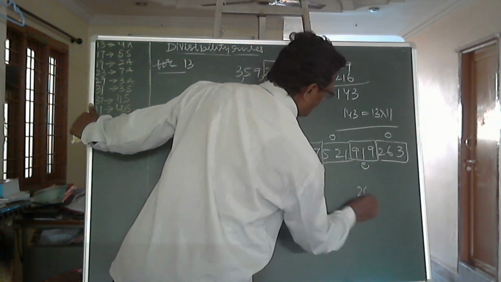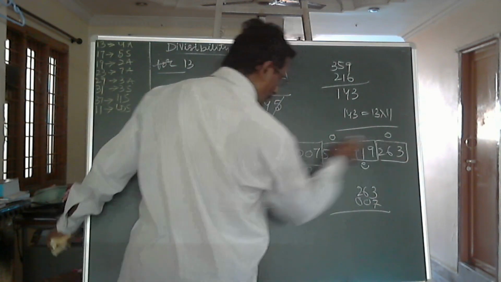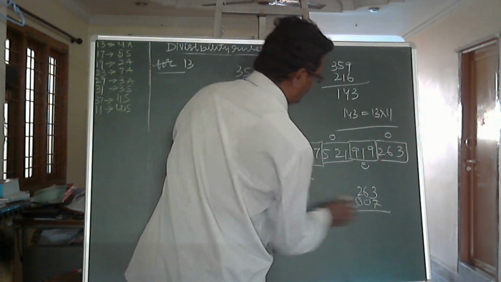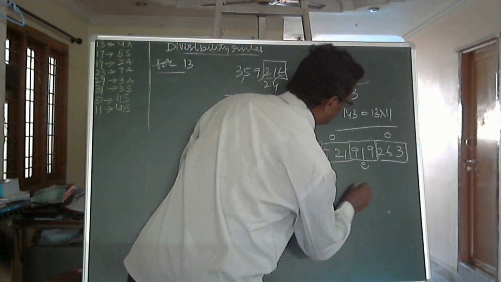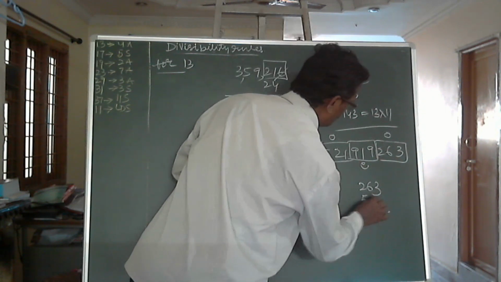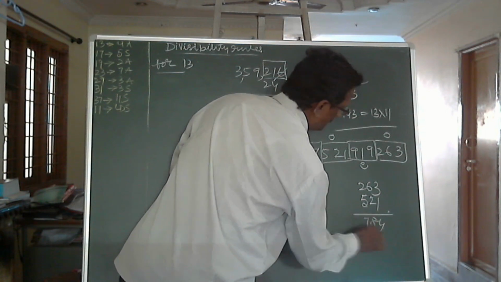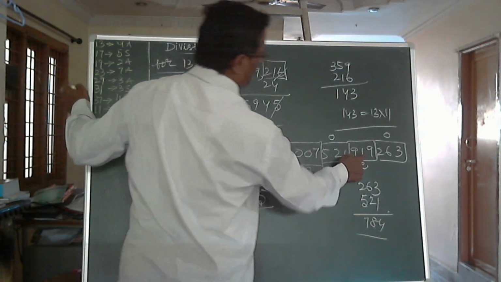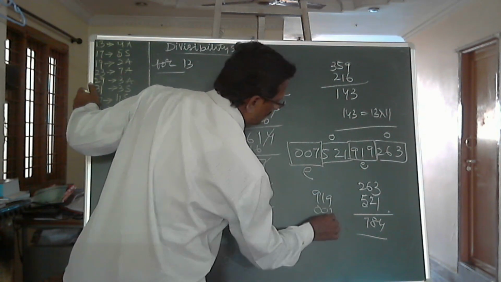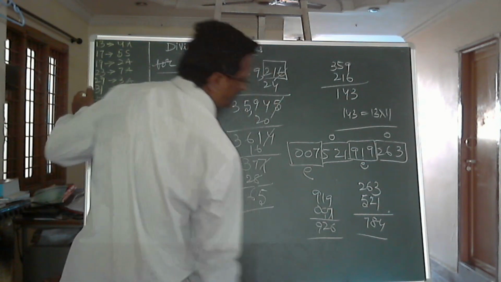Sum of the blocks in the odd places: 263, and this is 521, 487 and 007 in even places, 9 plus 7, 16, 926.